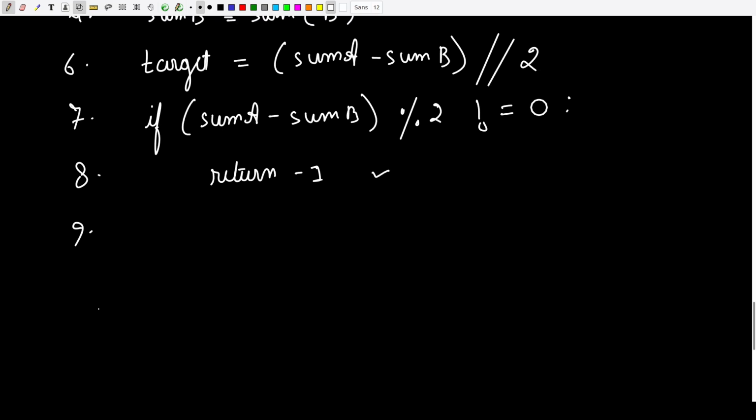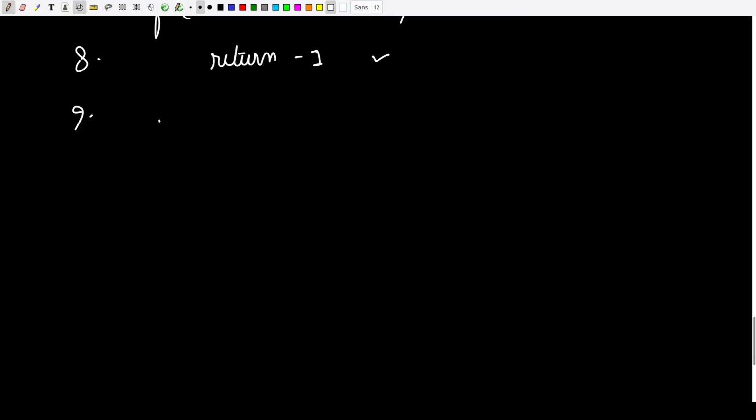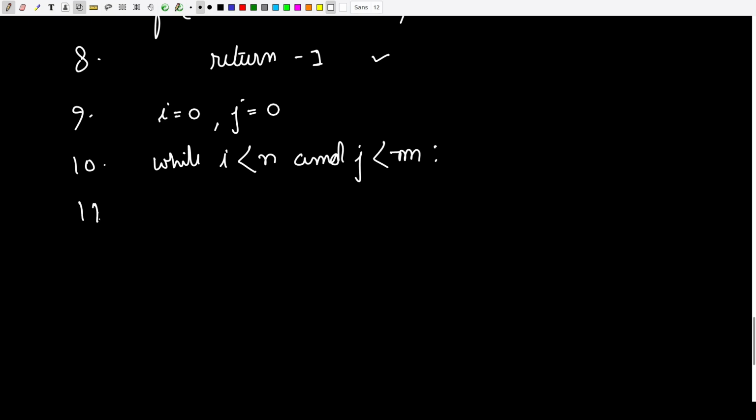Otherwise, we are going to take two variables i and j, and set i equal to 0 and j equal to 0. And then we are going to iterate on the elements of arrays A and B, while i is less than n and j is less than m. The first thing we check is if A[i] - B[j] equals target.